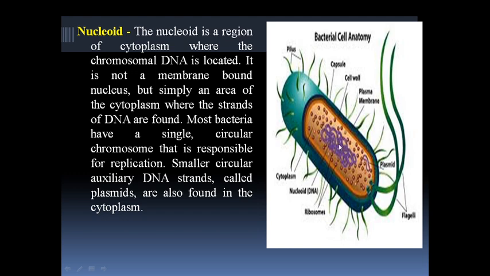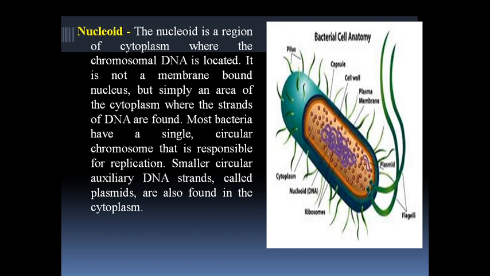Usually in other cells, the nucleus has a membrane covering it, which gives it a round or spherical structure. But in bacteria, the nucleus does not have any membrane.